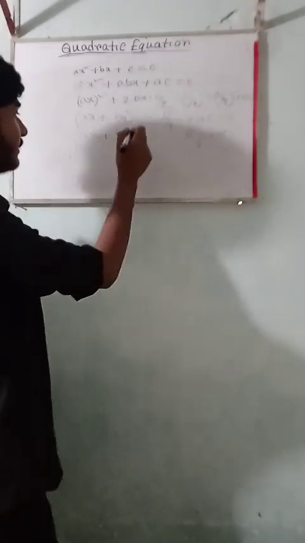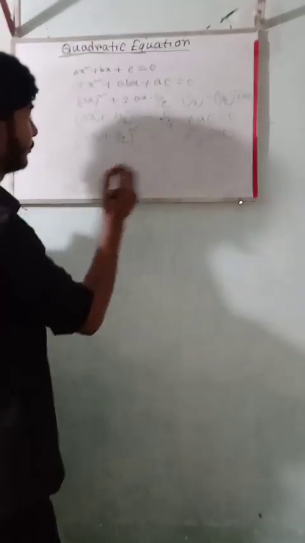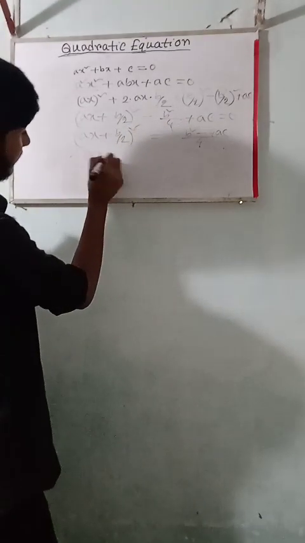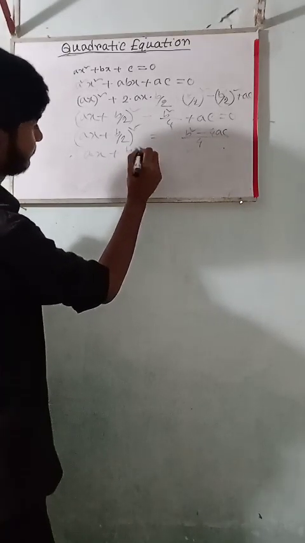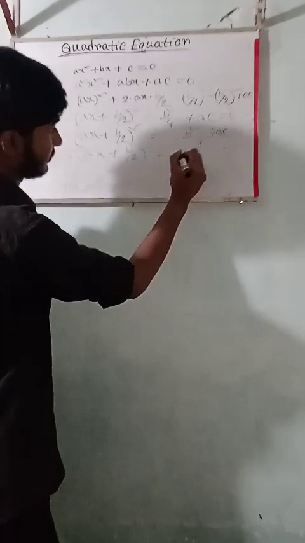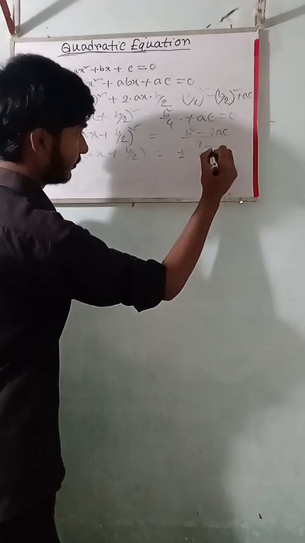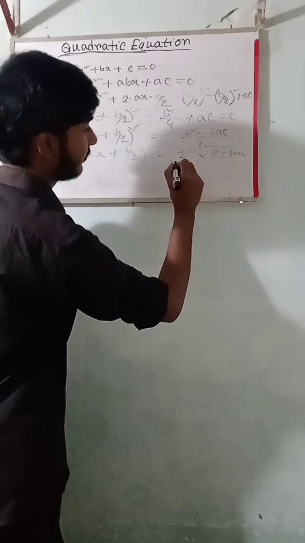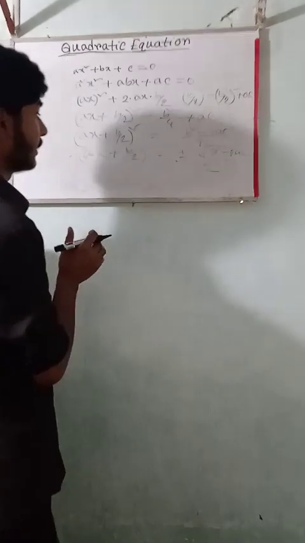And if we want to vanish this square, we have to take the square root of both sides. Then it will be ax + b/2 = ± root of b² − 4ac, divided by 2.